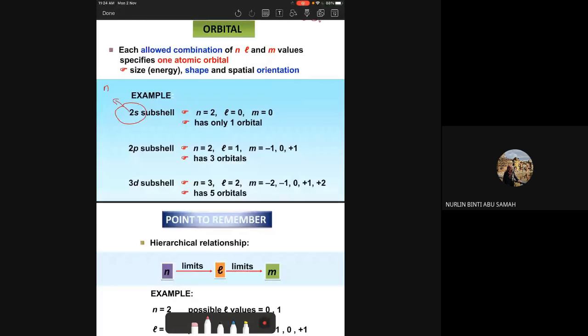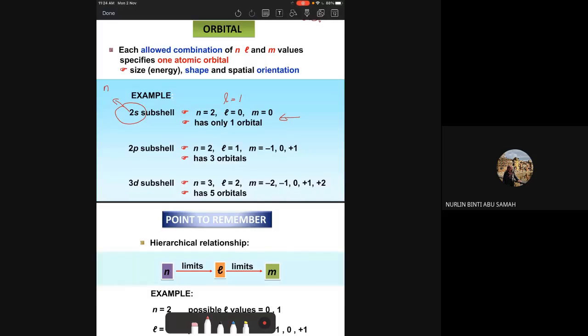Okay, good Farzana. So l also can be 1. In this case, it only writes l equals 0, but if you want to write in full, you must also write l equals 1. This just shows one allowed combination for n, l and m.